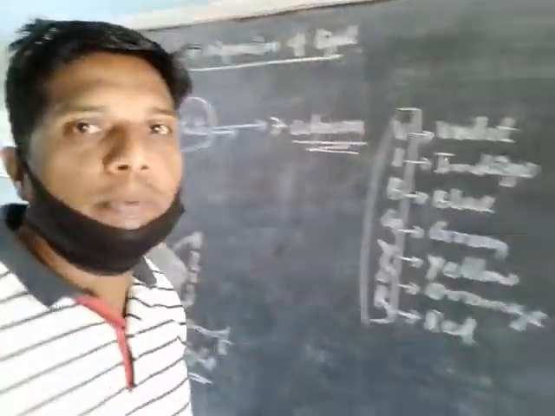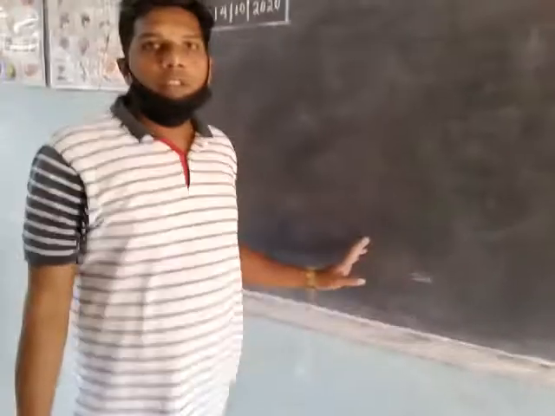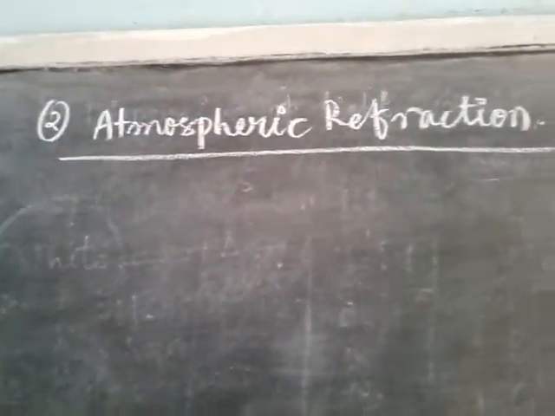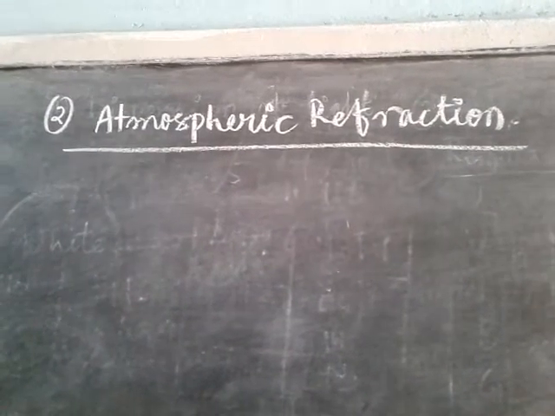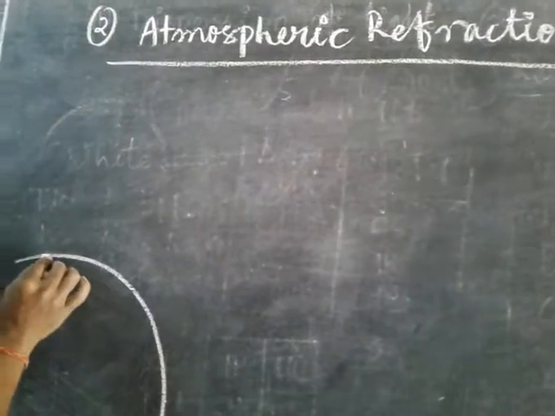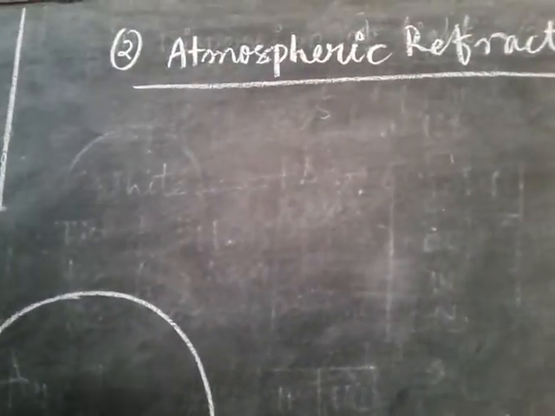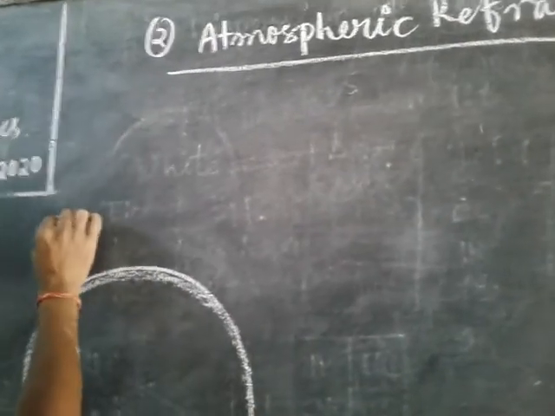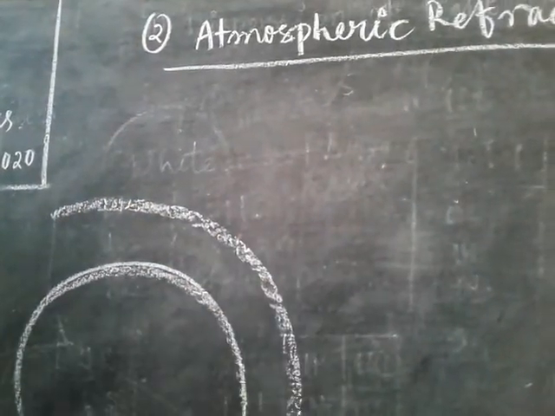Okay, next we will discuss atmospheric refraction. Next we will continue with what is atmospheric refraction. Dear students, you know that this is our earth. Suppose this is our earth. On the earth there is a layer of air.